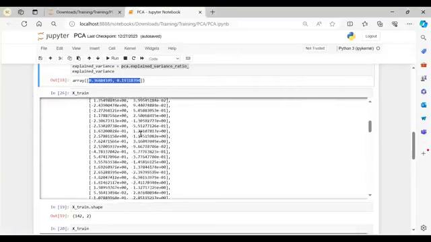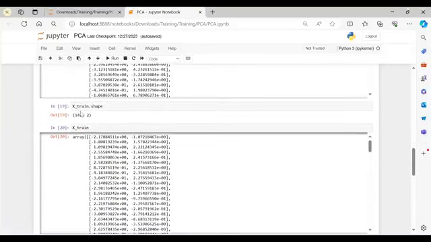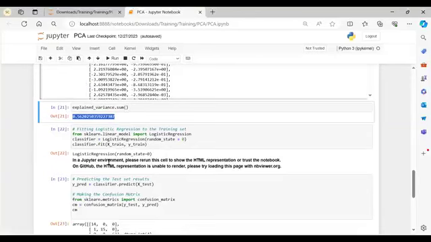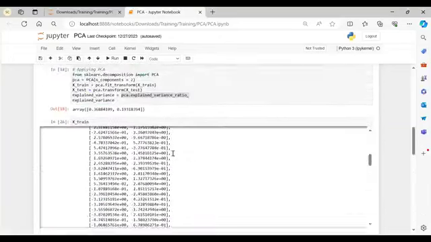So now this is your training data set after applying PCA. I have only two columns now, and the overall explained variance is 56%. Now on this 56%, I'm going to build a logistic regression.